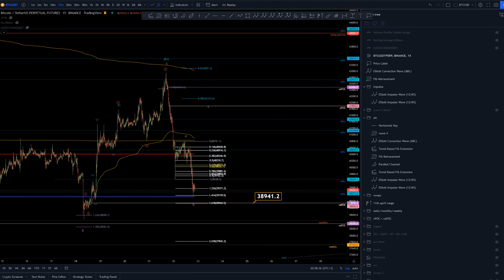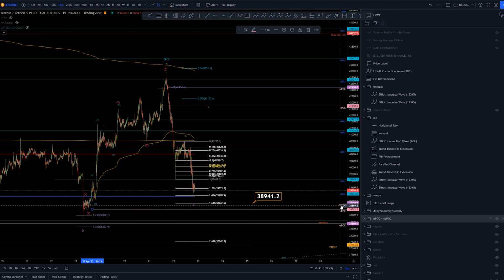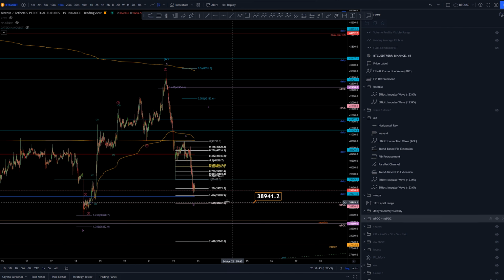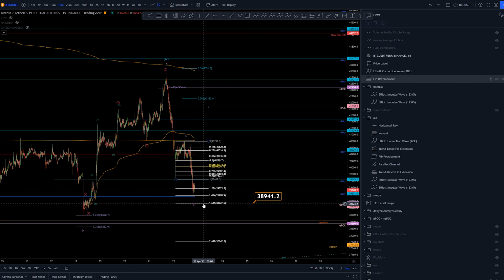At that area, we have another naked point of control and another naked session point of control, giving us a kind of significant area as well. So at least some kind of bounce should be happening here.